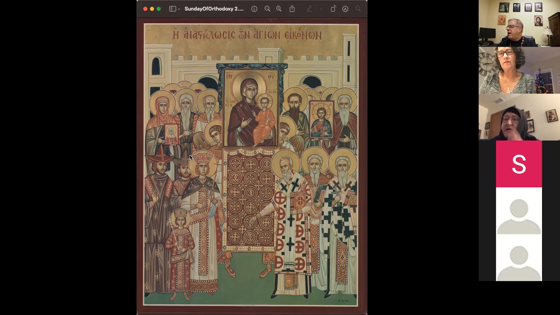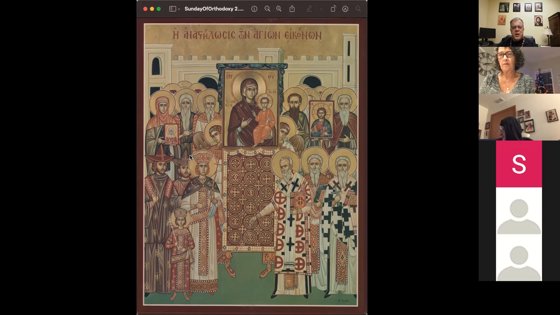All of the halos point to the reality of people who either helped to restore the use of icons in the church or suffered as a result of their refusal to get rid of the icons in their church. So that's 1, 2, 3, 4, 5, 6, 7, 8, 9, 10. The 10 with the halos. What I forgot to point out, Mother, is that those two in the interesting garb do not have halos.